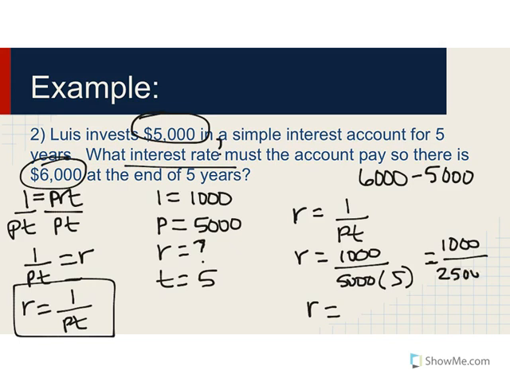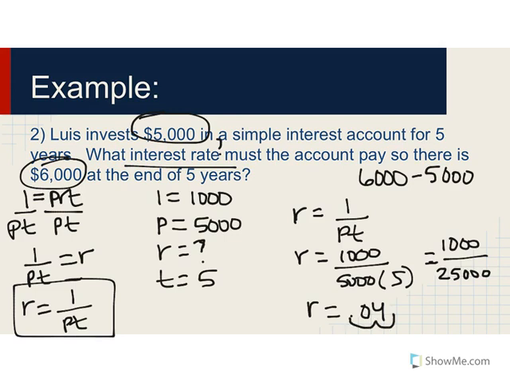And then we can divide that 1,000 by 25,000, and we are left with 0.04. Remember, we always turn our percentages to decimals. Well, to go back to answer the question, we're going to now go from a decimal to a percent.